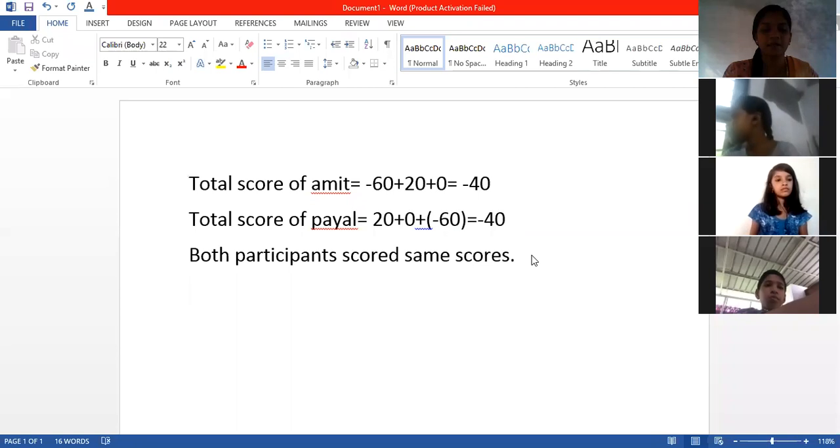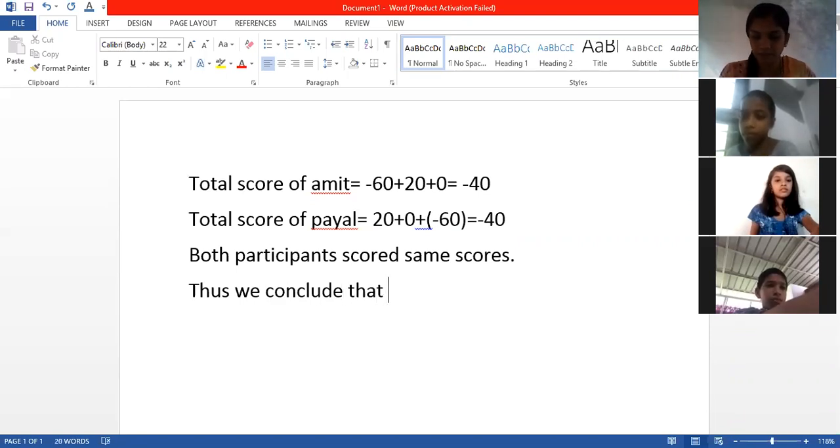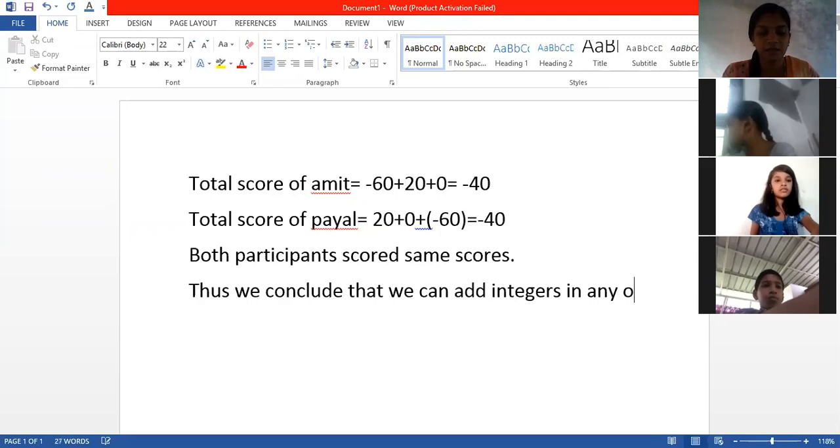Thus, we conclude that we can add integers in any order. Okay, write this also in your notebook. Thus, we conclude that we can add integers in any order. That is the answer for that question.